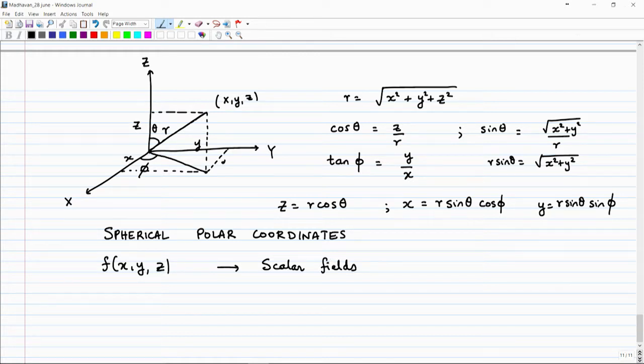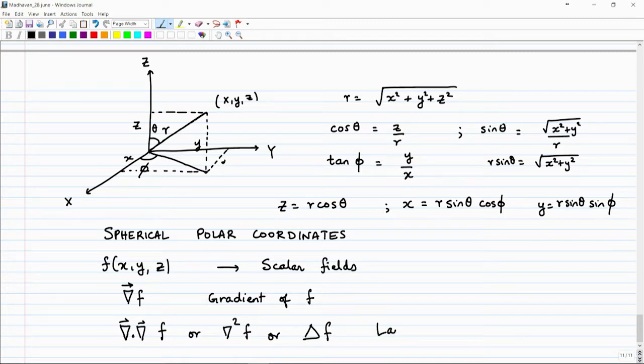And we defined things like the gradient of a scalar field, gradient of f. You can also take a gradient dotted into gradient of f, or del square f, which is also denoted by this triangle of f, which is called the Laplacian of f.